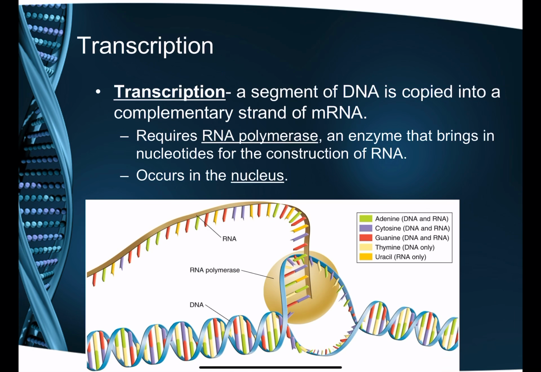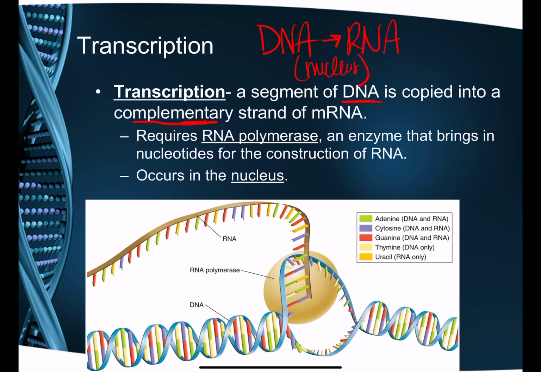Okay? So, let's walk through these steps a little bit slower. Let's talk about transcription first. Okay? Remember the transcription part was the DNA to RNA. It happens in the nucleus. All right? So, a segment of DNA is copied into a complementary strand of mRNA.